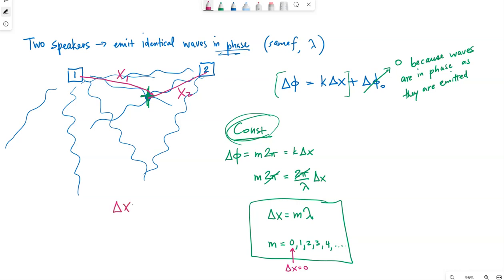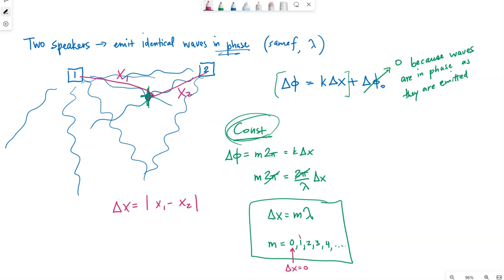Delta x is simply that difference in distance, absolute value. If both waves travel the same distance, then delta x is 0. That is going to be a point of constructive interference. If we were standing at this point listening to these speakers, the sound would be louder than if we were listening to only one of the speakers. That's what that means.